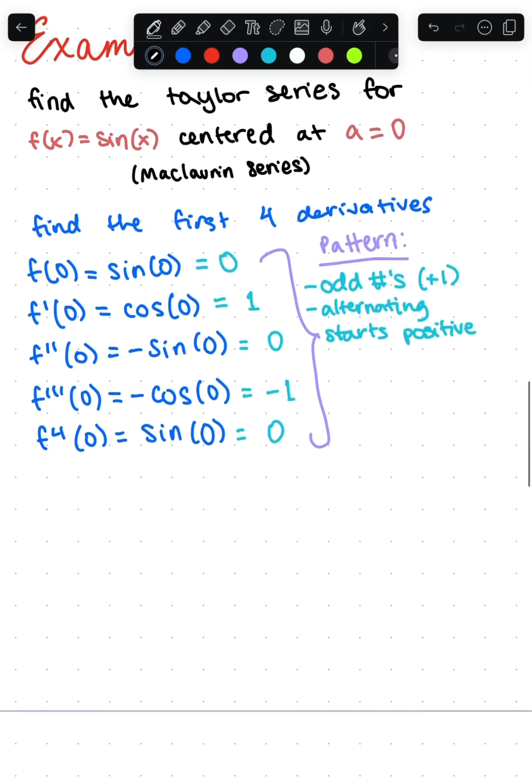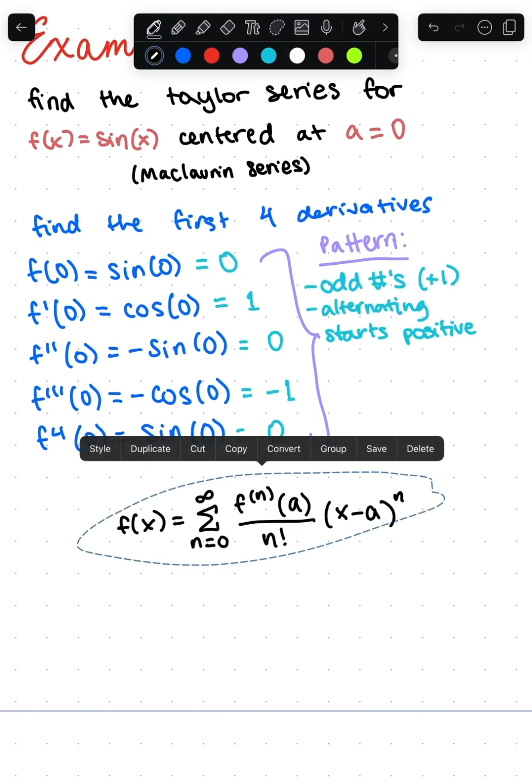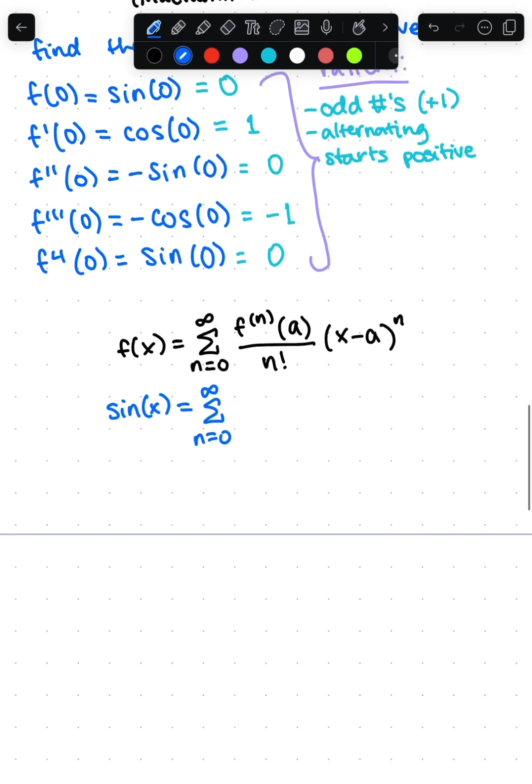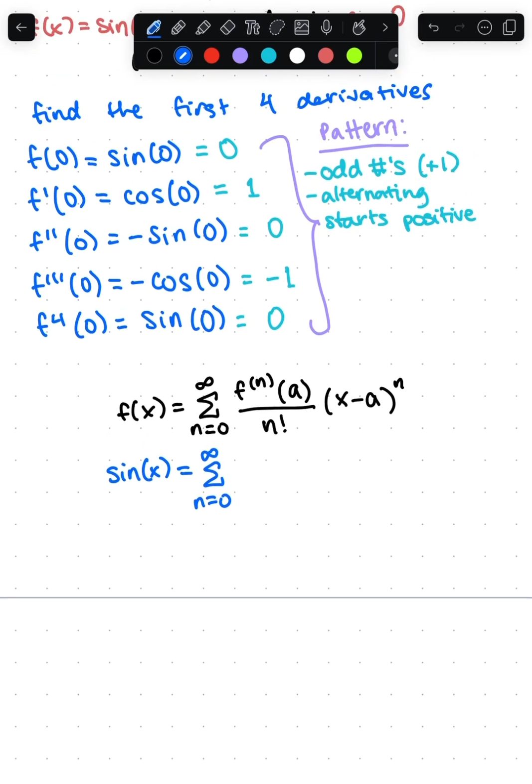Now our next step is going to be trying to capture this into our Taylor series formula. So let's write this with f of x is equal to sine of x. Now the first pattern we notice is that there are odd numbers in our series. From here, we will replace our n values with 2n plus 1. We write 0 for our a, since that is our center, and this is going to be all above 2n plus 1 factorial.